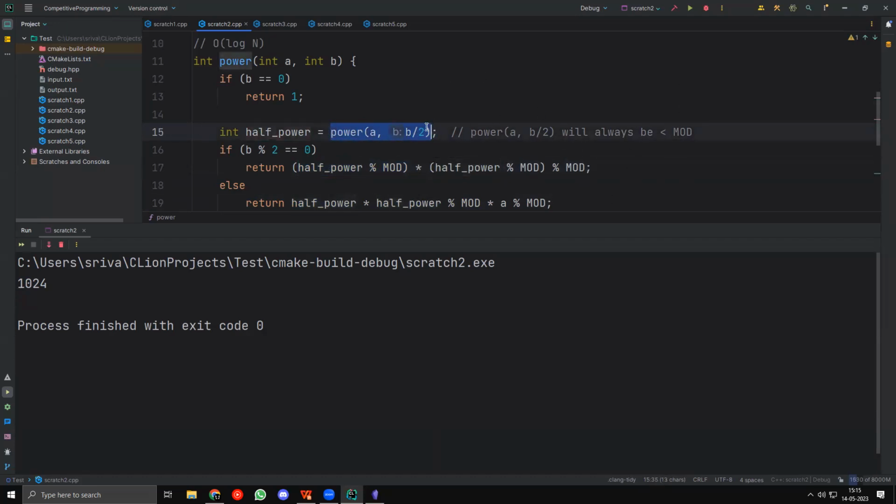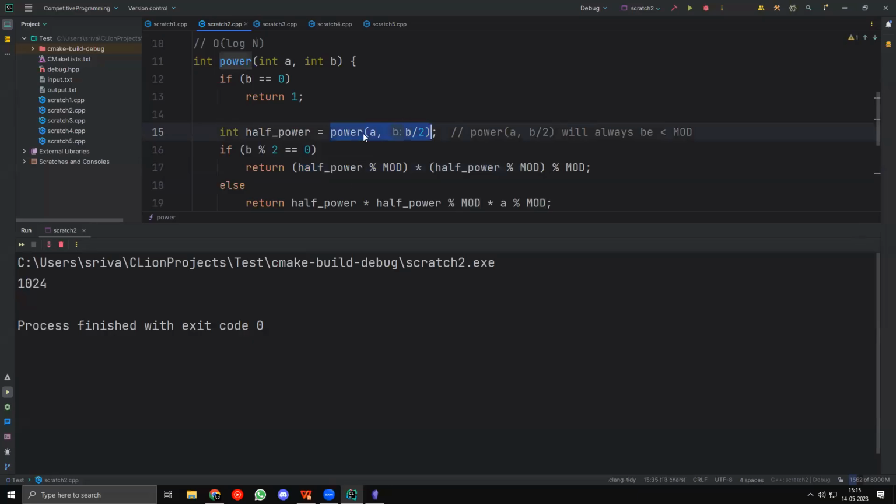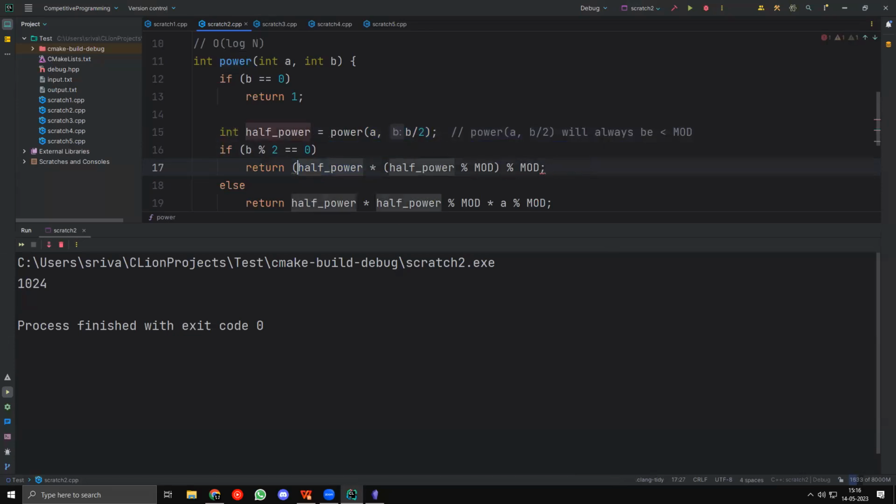This will return a proper value, a to the power of b by 2 modulo m. So this half power is already modulo, and I don't need to take this part. But you can do that. It won't make your answer wrong.